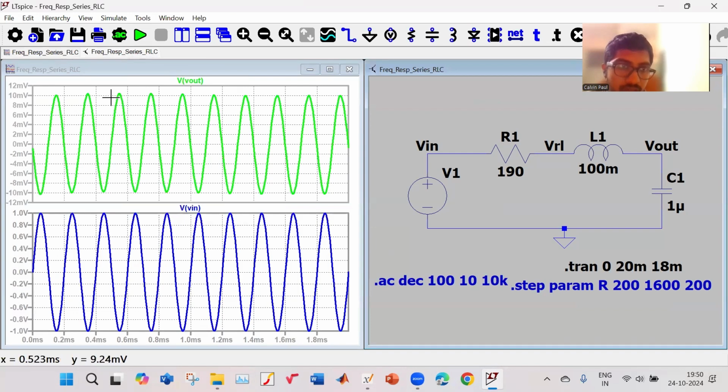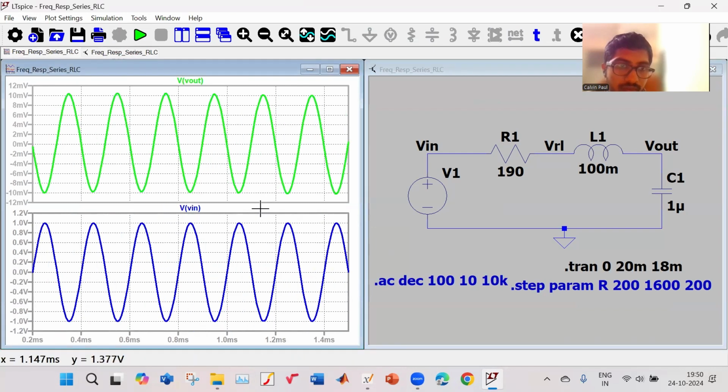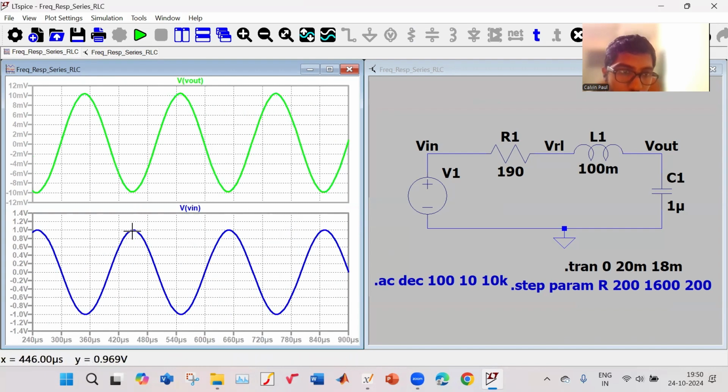If you zoom in, when your output is maximum, your input is minimum. So that is like a 180-degree phase shift, and the attenuation is very high at these high frequencies.